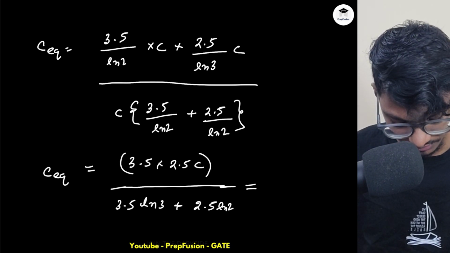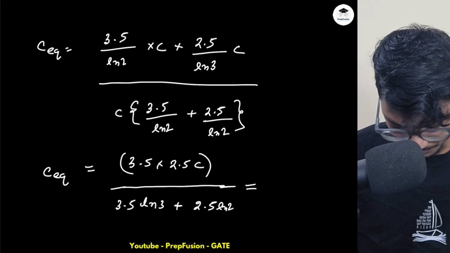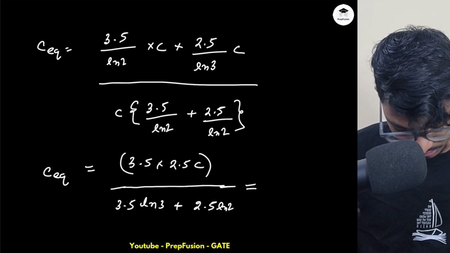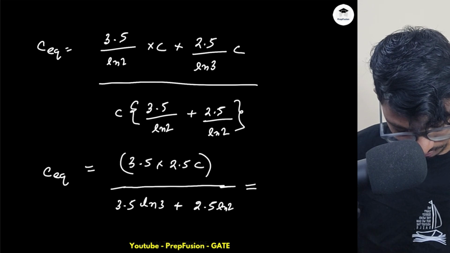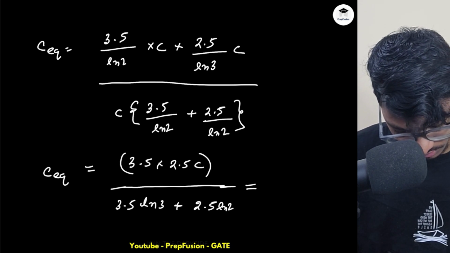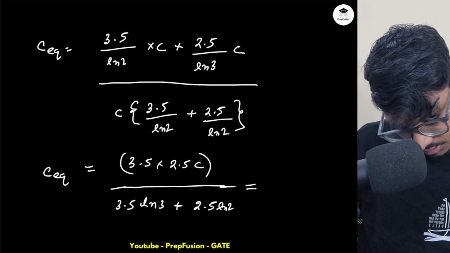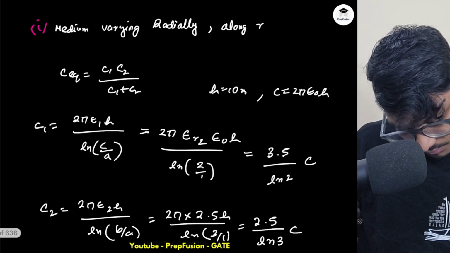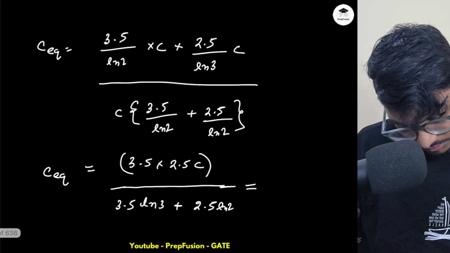So I will just simplify these things a bit. Wait, am I correct here? 2.5 by ln 3. Okay, sorry, I made a mistake.